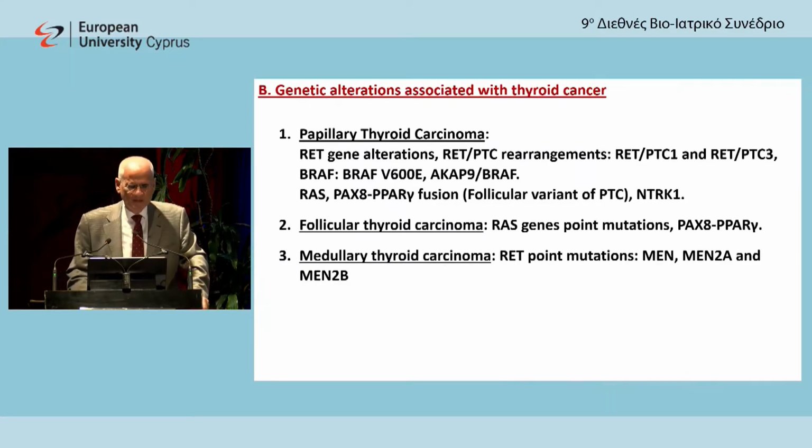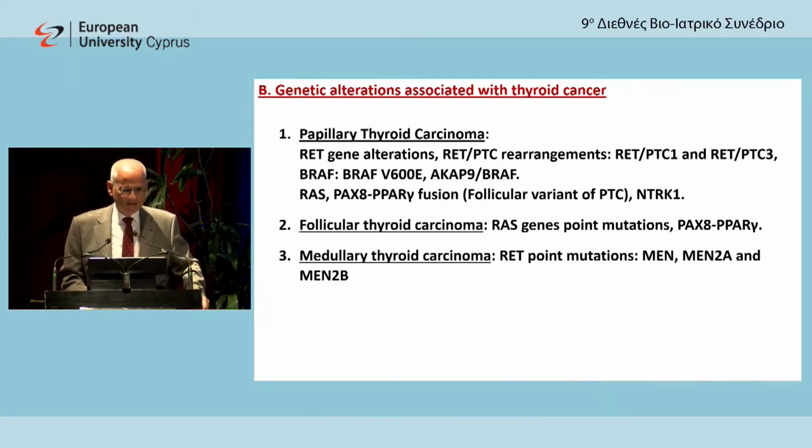The second big category of factors are the genetic alterations, such as rearrangements, point mutations, or fusions. In papillary thyroid carcinoma, we have RET gene alterations, rearrangements that are much more frequent in children, and we will see that in children and adolescents.